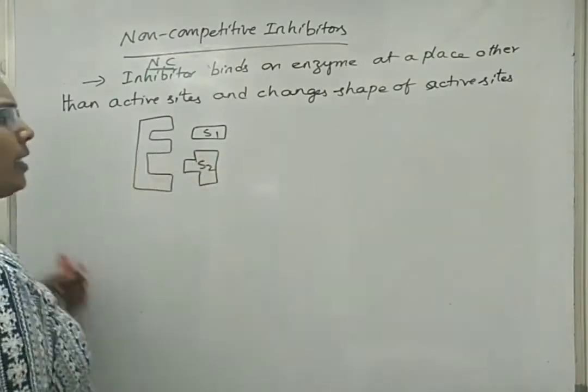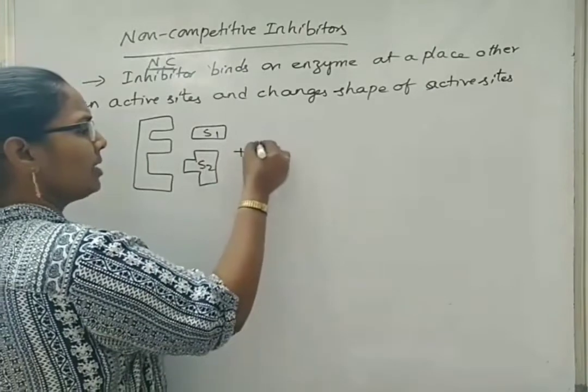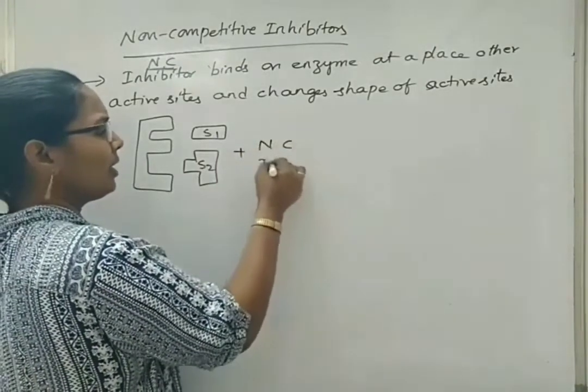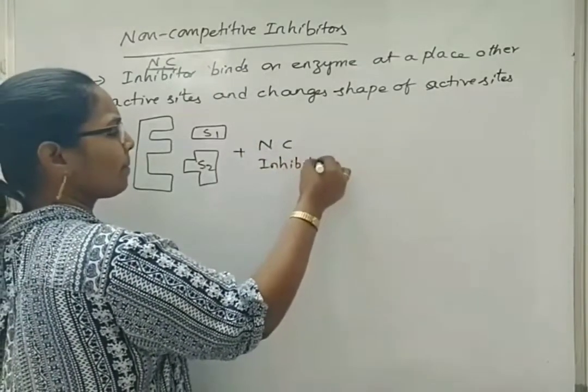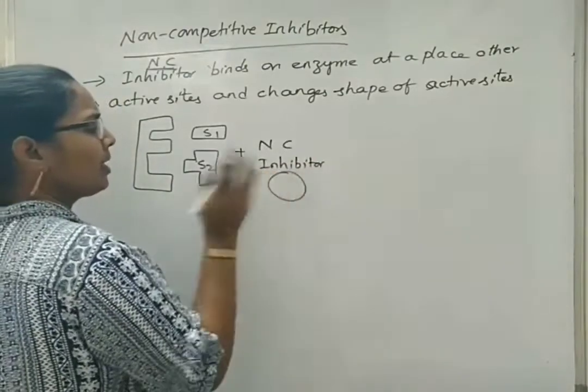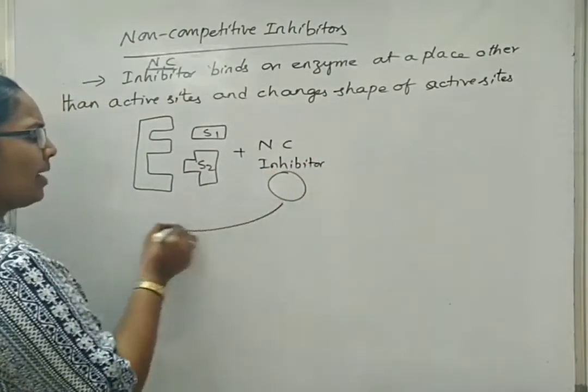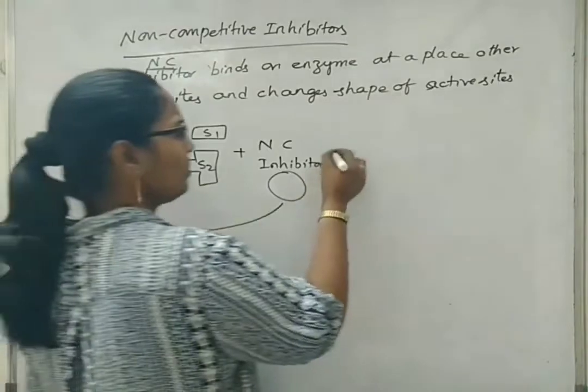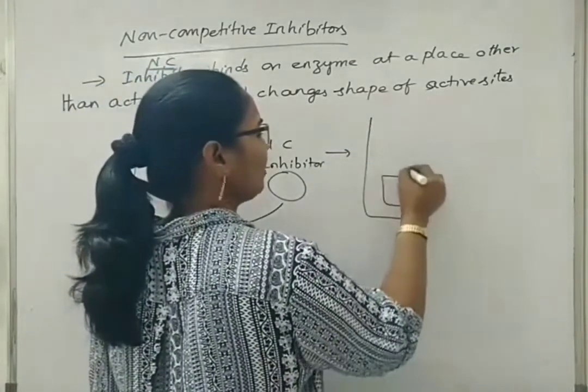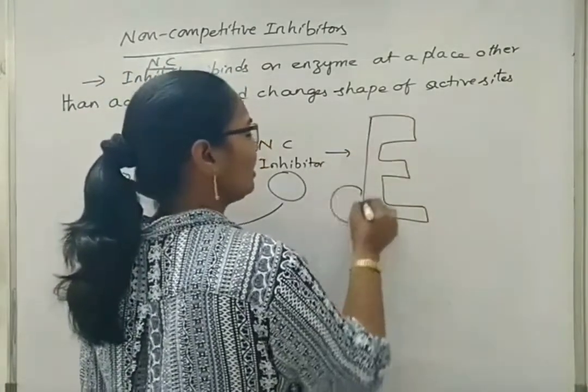They are ready to fit here. But there is another non-competitive inhibitor. Supposing that shape is like this, it will come and bind to other place of the enzyme. So in the next step, it can be represented like this.